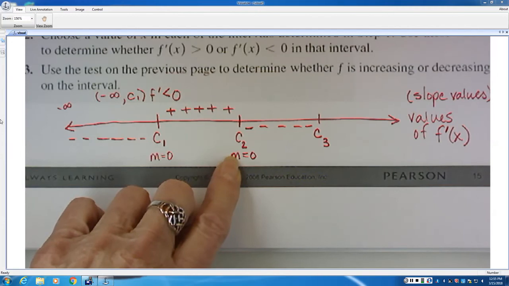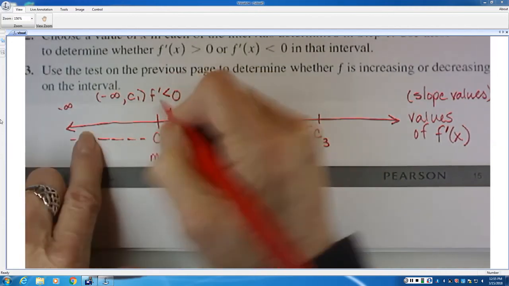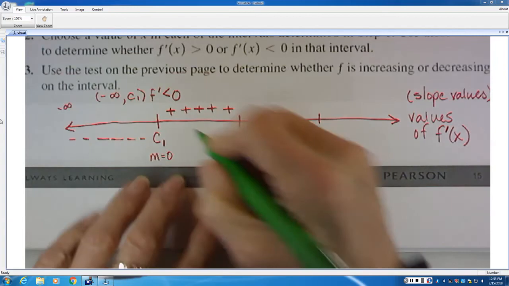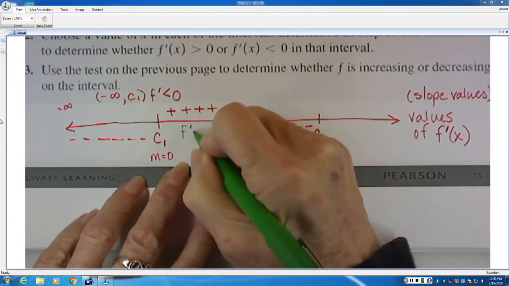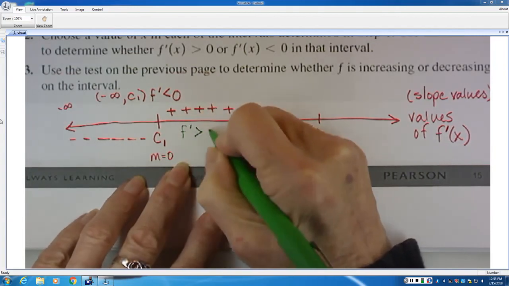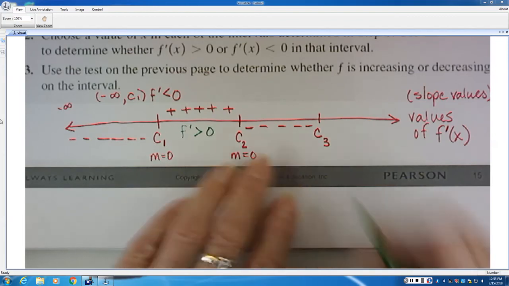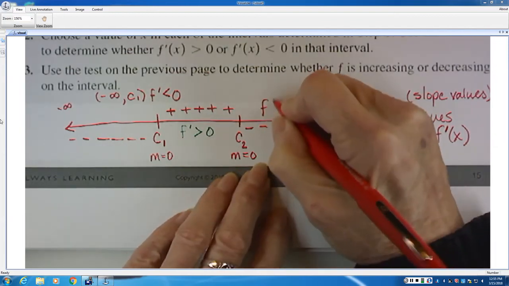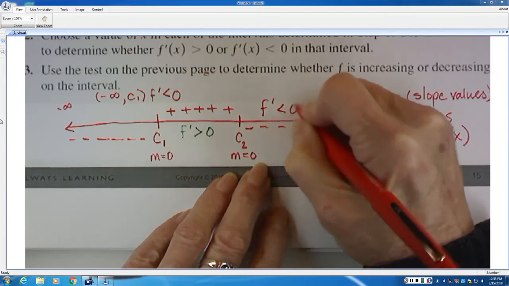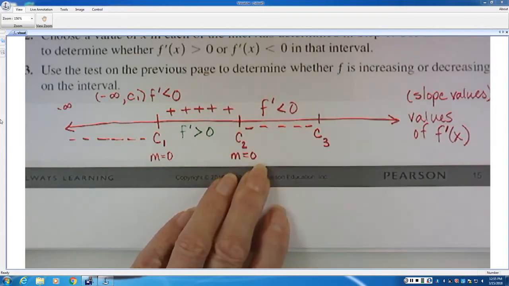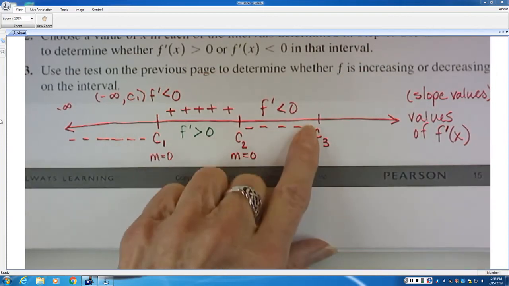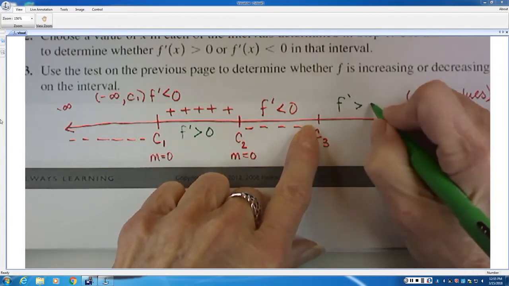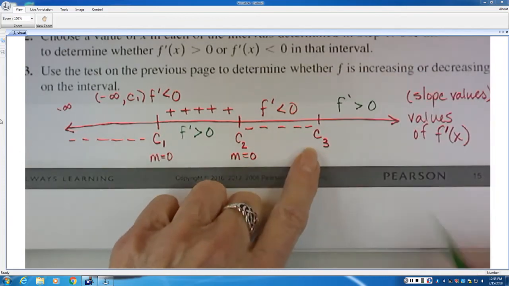Okay? So at this point, f prime of x is negative on that interval. F prime is positive on this interval. F prime is negative on this interval. And then when we hit the bottom again, it becomes positive again.